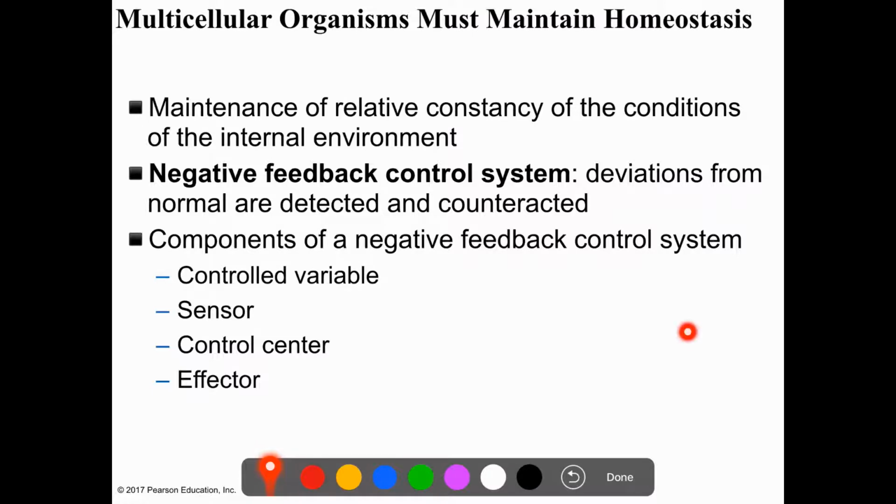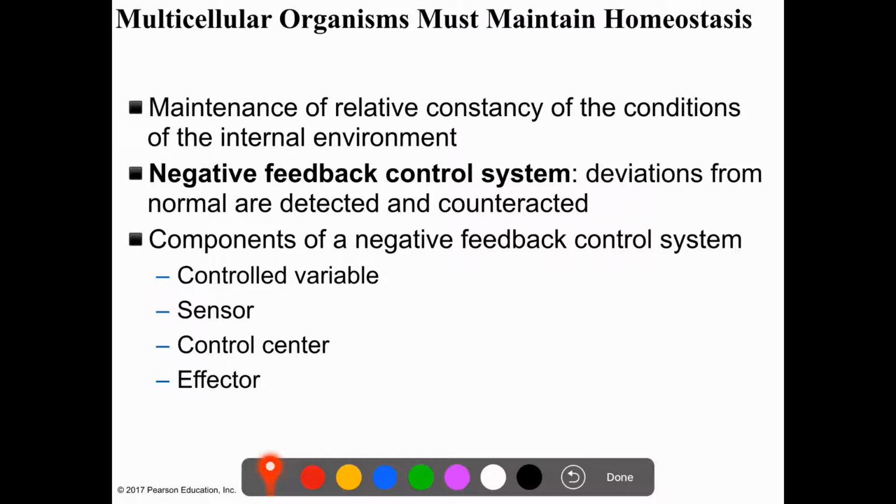Our body's ability to maintain a stable internal environment is called homeostasis. So it provides a relative constancy of these conditions within our body.